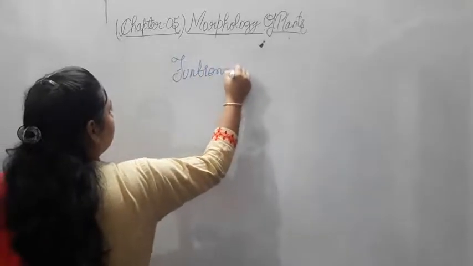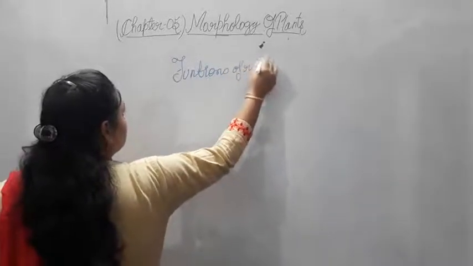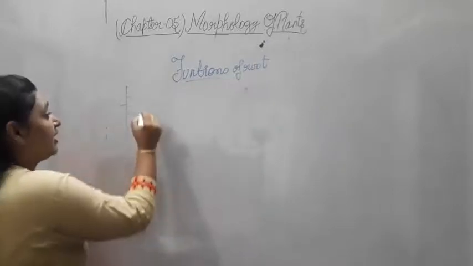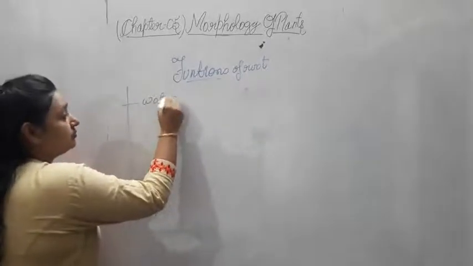So now let us see some other features of the roots. You have gone through the parts of the root and the characteristics. Now see some functions of the roots. The first function is the same as before: absorbing water.